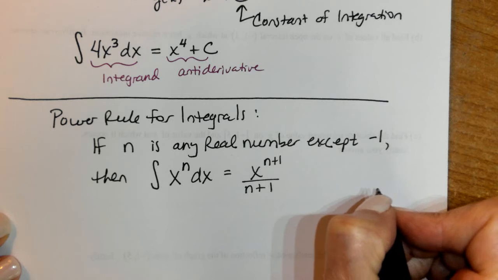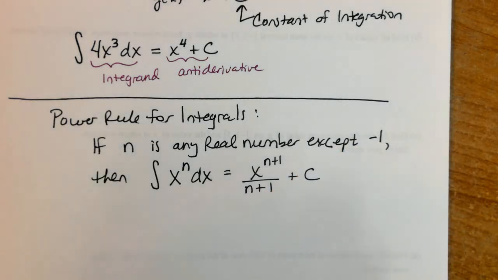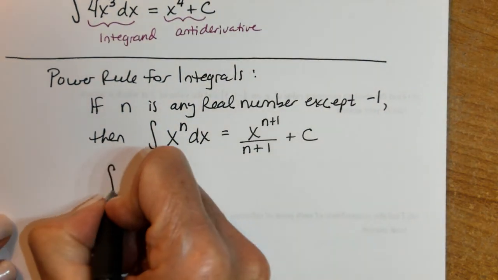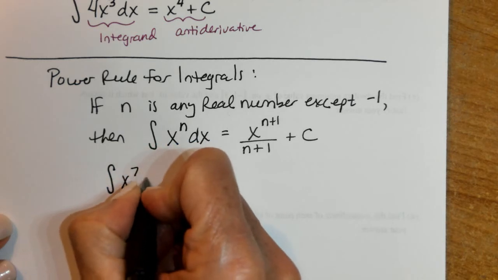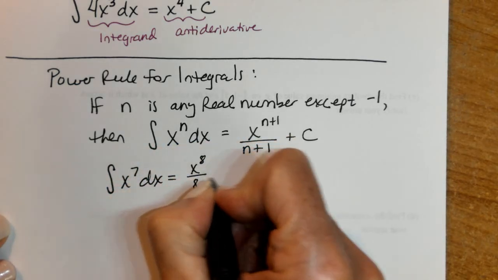Add 1 to that power, divide by the new power, and then we add the constant of integration. Okay, so the integral of x to the 7th is x to the 8th over 8 plus c.